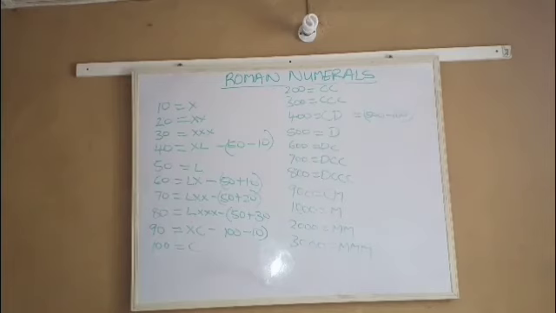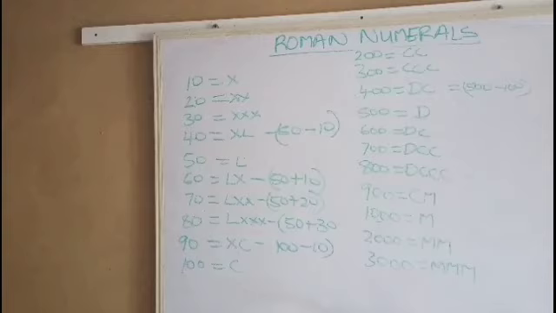400 is CD, that is equal to 500 minus 100. 500 is D. 600 is DC. 700 is DCC. 800 is DCCC. 900 is CM. Now 900 is equivalent to saying 1000 minus 100.